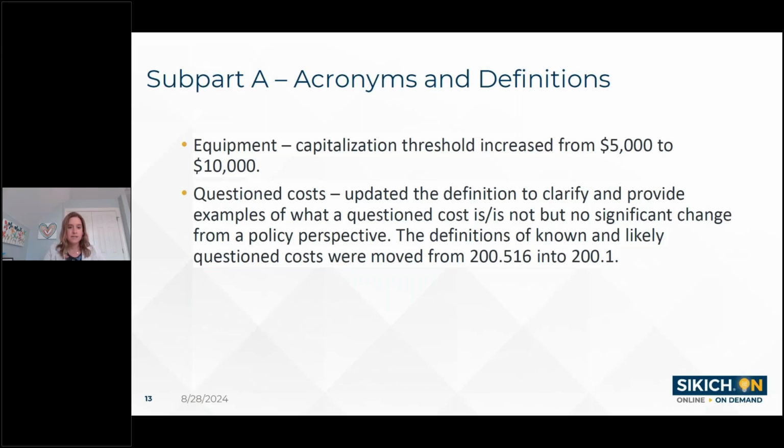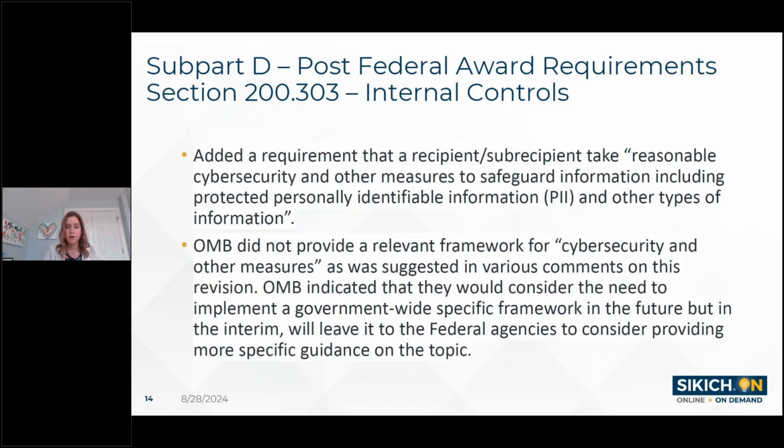Moving to the next slide, looking at subpart D, post-federal award requirements for organizations. So looking at internal controls. That added a requirement that a recipient or subrecipient take reasonable cybersecurity and other measures to safeguard personally identifiable information.